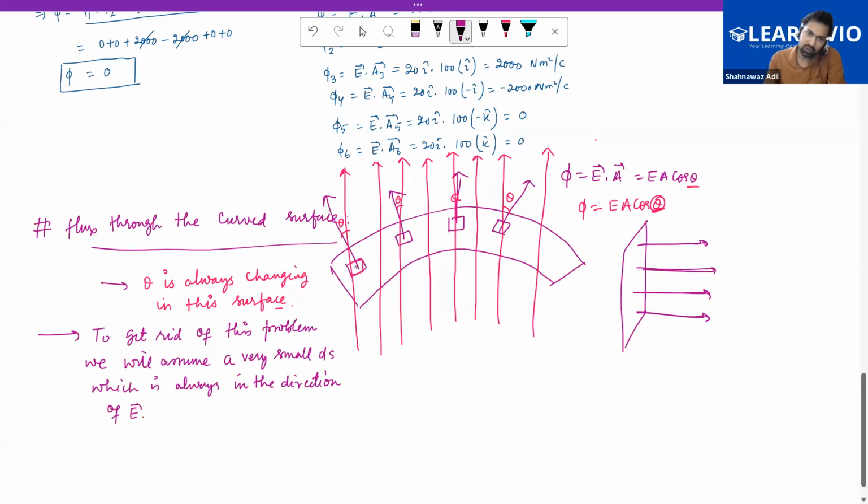So we'll take a small area dS in here, small area dS in here, and in here, and in here.